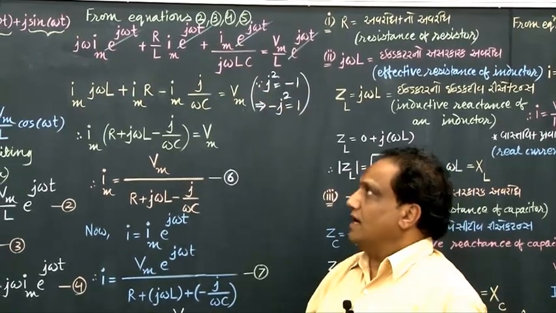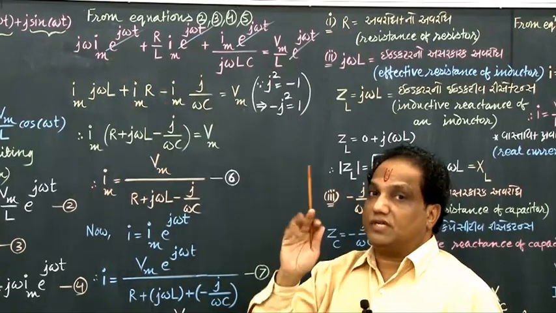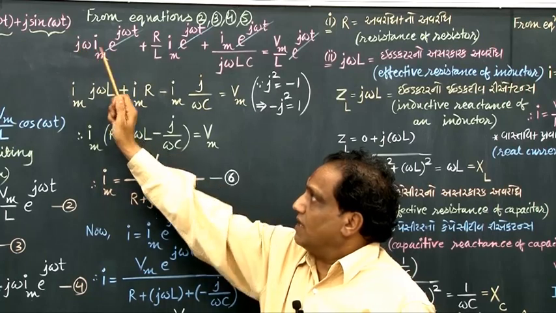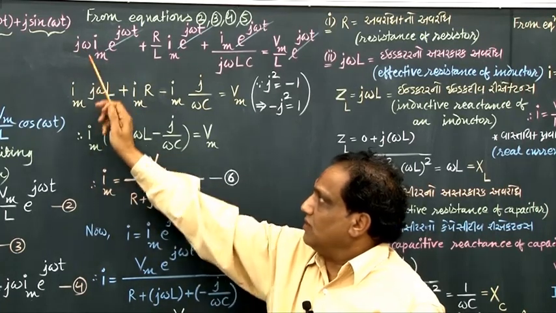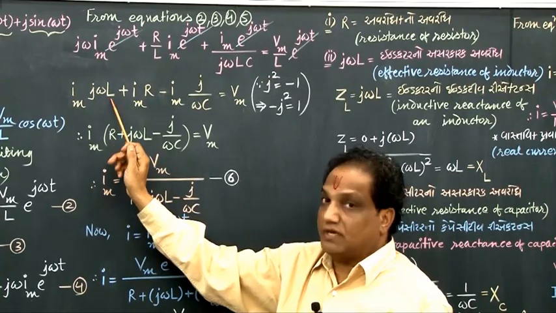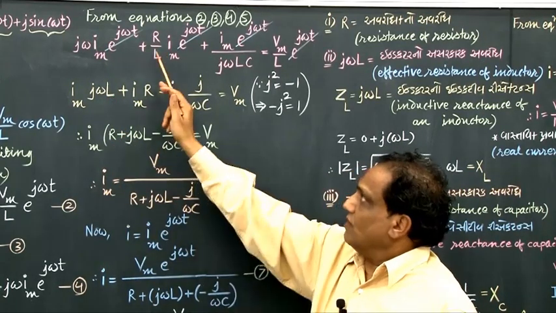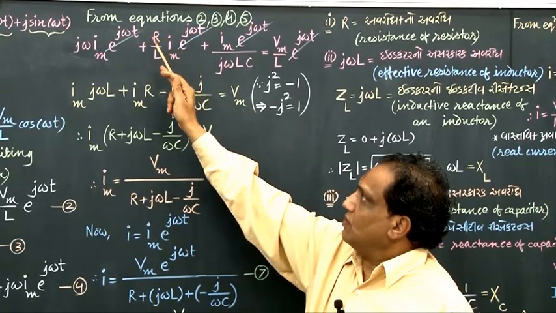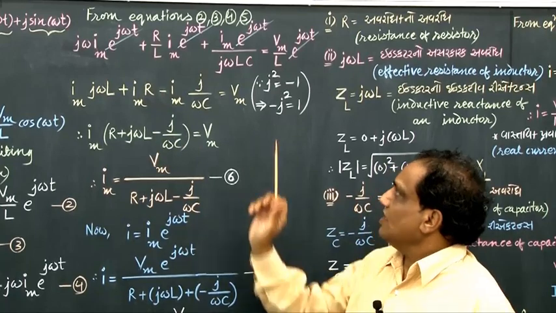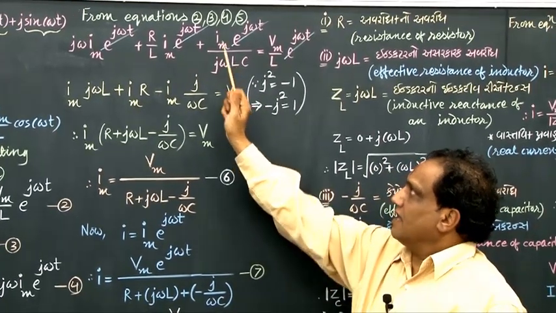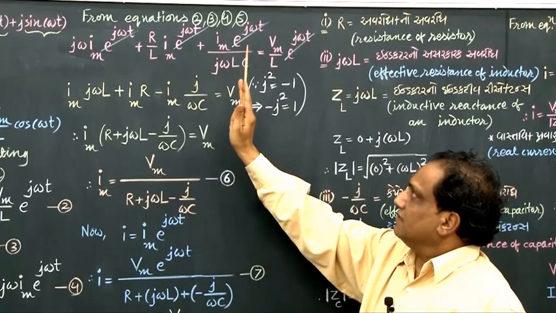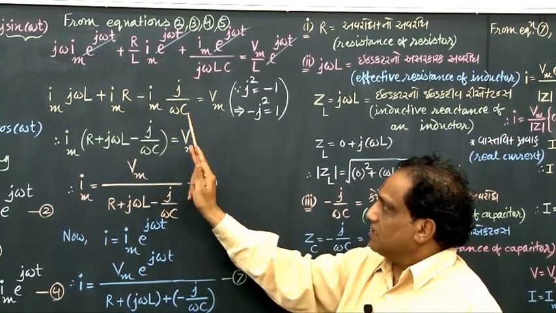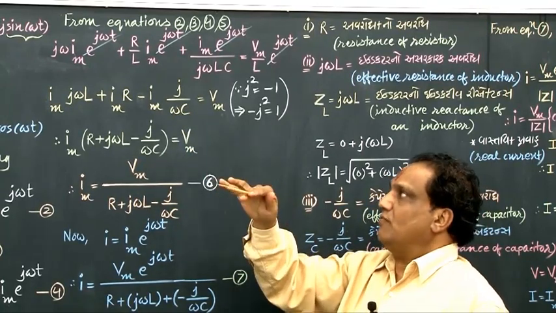Correct? Cancel. Now, just multiply each term by L. So it is now Im into j omega L, because I am multiplying by L. When you multiply by L here, L will cancel, giving you Im into R. When you multiply by L here, L will cancel, then left is Im upon omega C. Then one more change I have made.